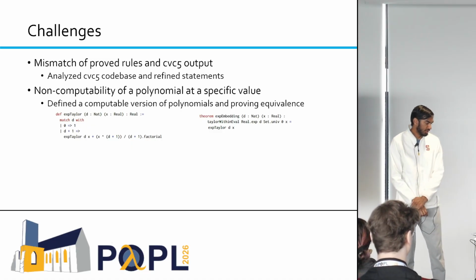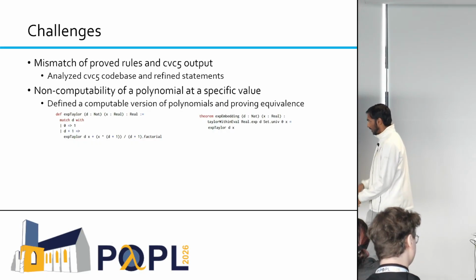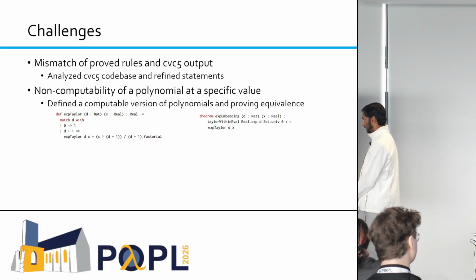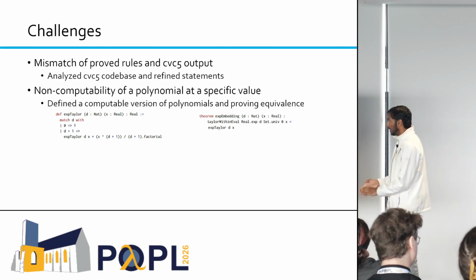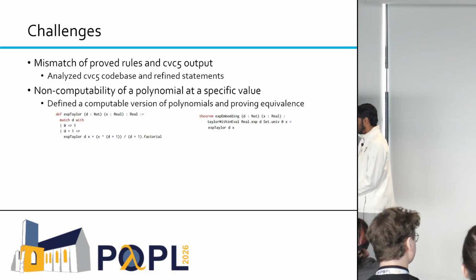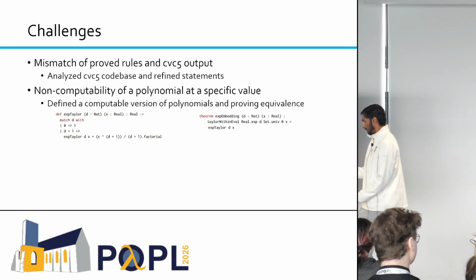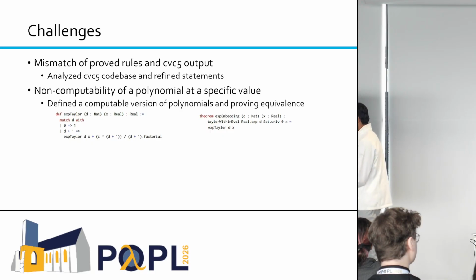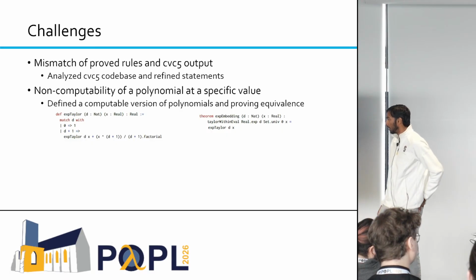Another issue that we ran into was that computing a polynomial at a specific value is not possible, so in Lean we had to define computable versions of polynomials. For example, this is how we define the exponential Taylor function, and then prove equivalence to the Taylor polynomial of the exponential function as already defined in Mathlib.